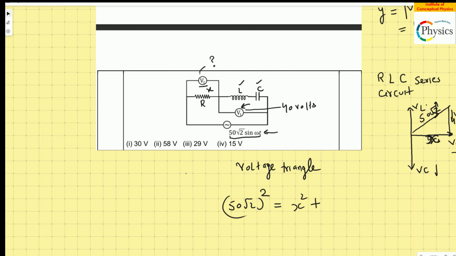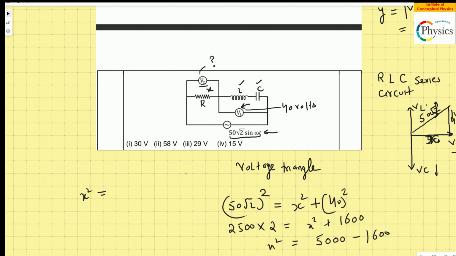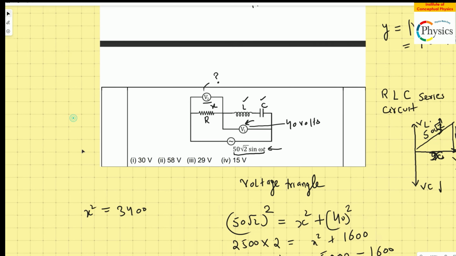The perpendicular is known, 40 square. So 2500 into 2 is equal to x square plus 1600, and x square is equal to 5000 minus 1600, which is 3400. The square root of 3400 will be very close to 60, right?